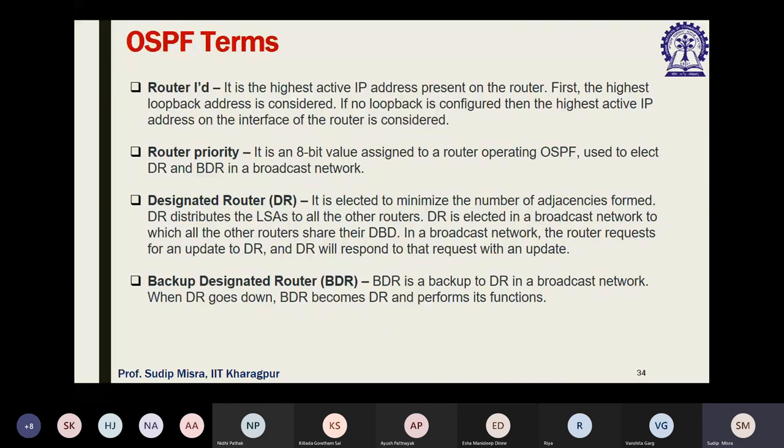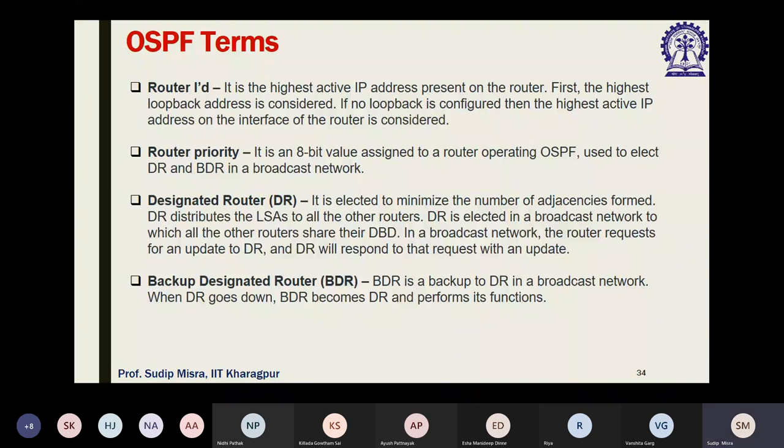These are some of the terminologies that are used in OSPF: router ID, router priority, designated router, and backup designated router. This designated router, for example, is elected to minimize the number of adjacencies that are formed.